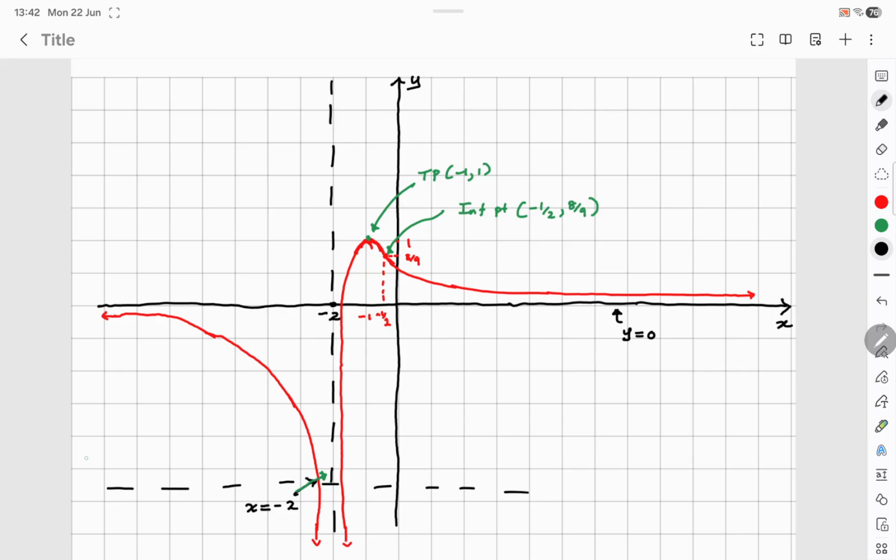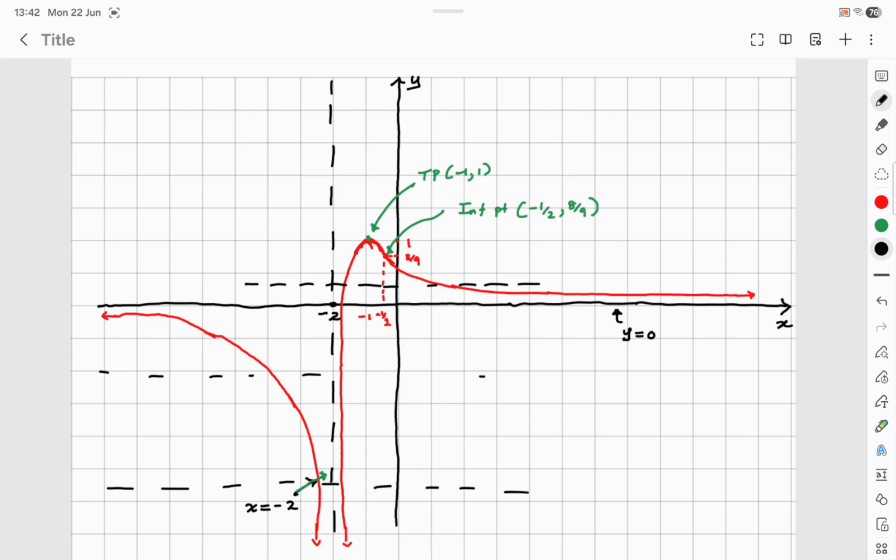This is not 1 to 1, no? There's two intersection points. For which k value is this? Right.